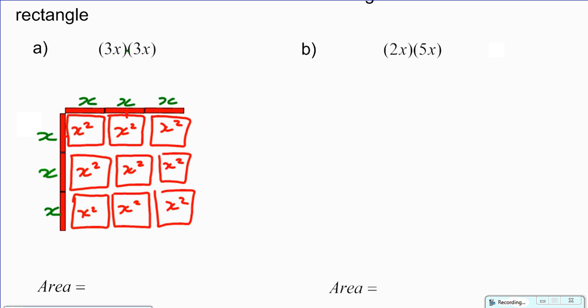Okay, so then we end up with a bunch of x squareds, and if we add them all up, we get an area of 9x squared. So 3x times 3x equals 9x squared.